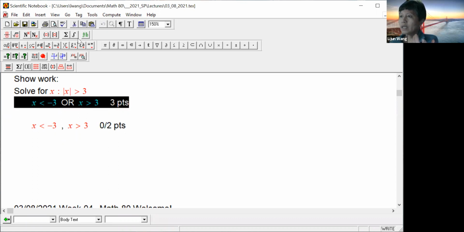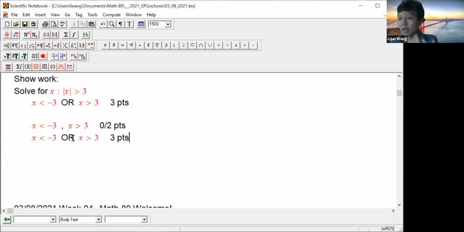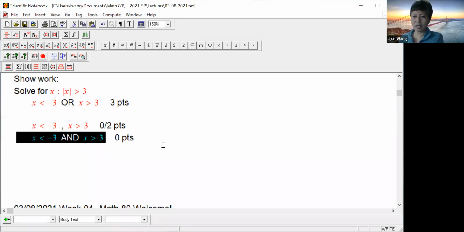What if someone put the answer as and? In this case, surely you're going to get 0 points, because it cannot be and. And cannot happen. That's an empty set.